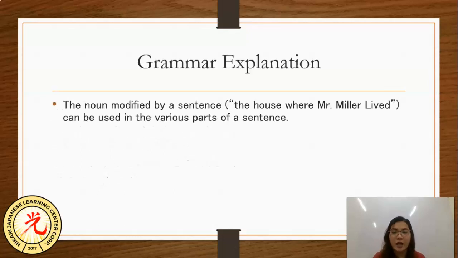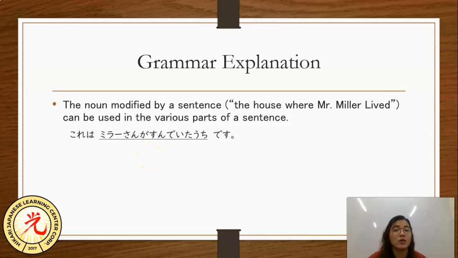Okay? Another, the noun modified by a sentence, just like the house where Mr. Miller lived, can be used in the various parts of a sentence. So, pwede mong gamitin ang noun na na-modify into a sentence. Just like the example here.